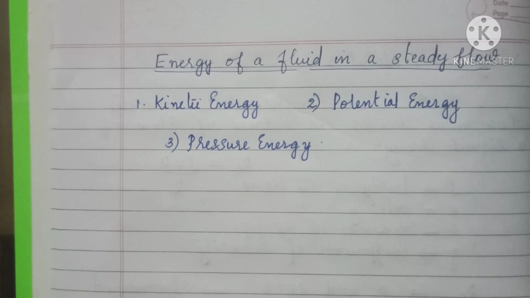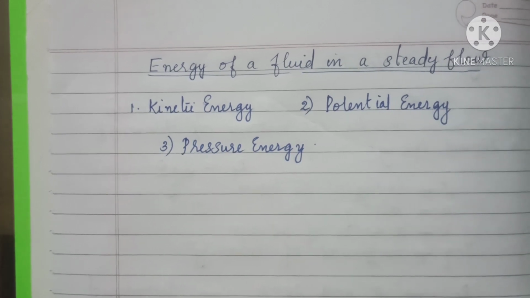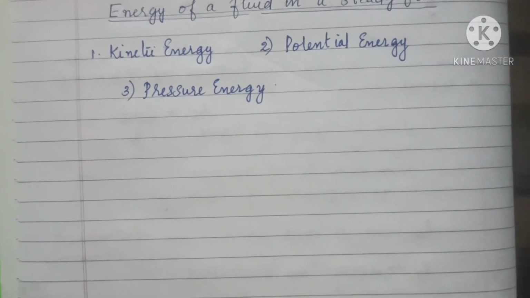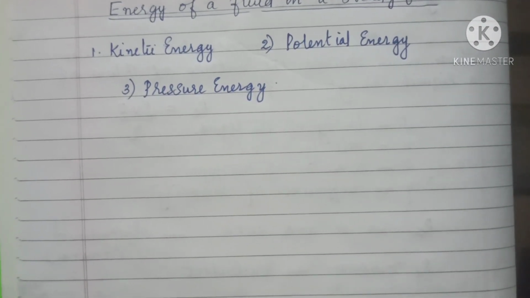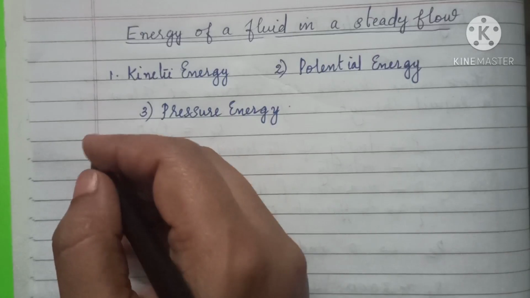So there are three kinds of energy for a liquid in steady flow: kinetic energy, potential energy and pressure energy. Now each one we have to study in detail and derive the expressions. First, we are moving to the kinetic energy.